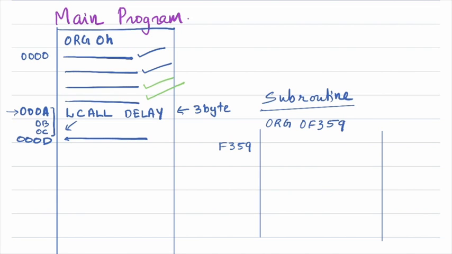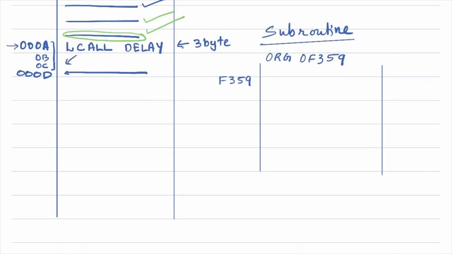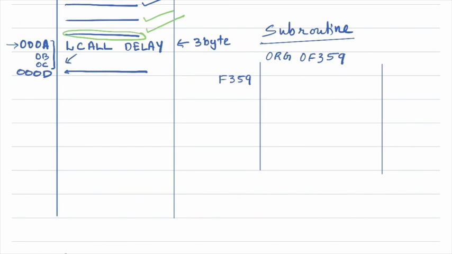The moment it is executing the line just before lcall delay, you must remember that the program counter, PC, will be the address of the next instruction, which is lcall delay. That means PC will contain 000A. So that will be the content of the PC before executing this lcall instruction.